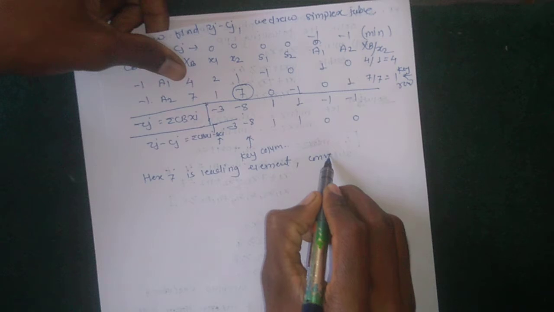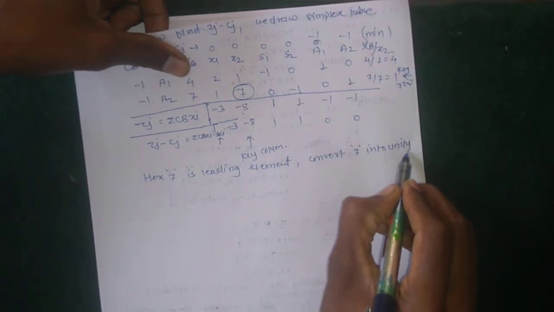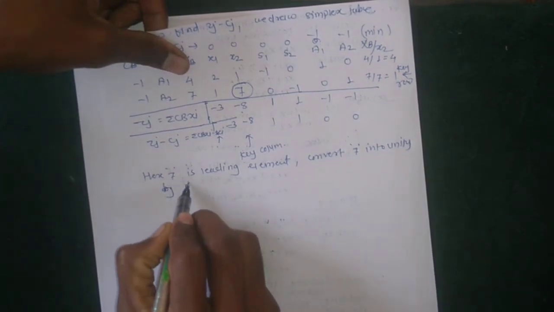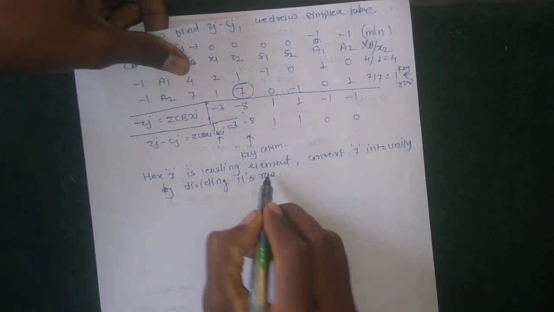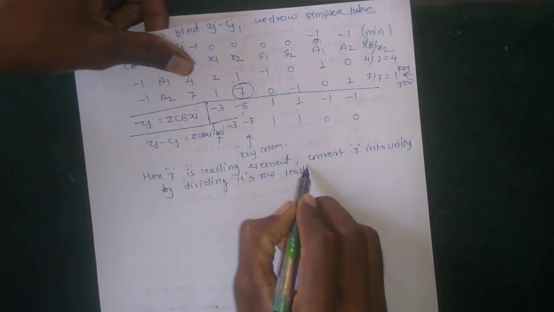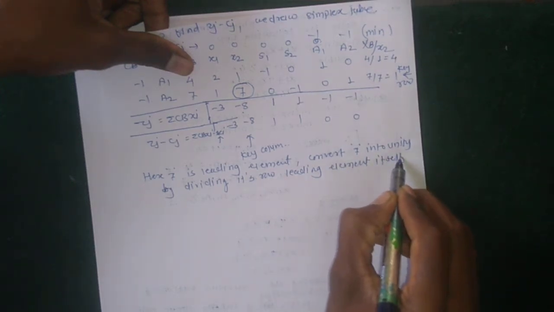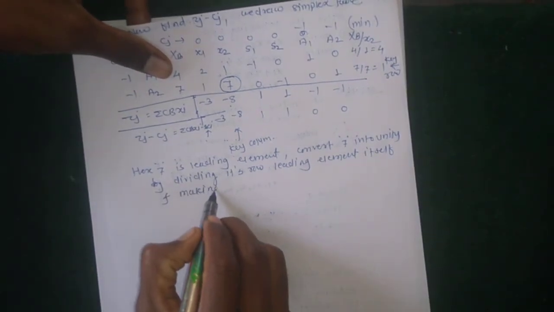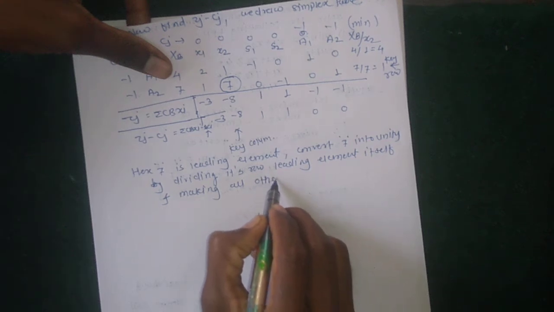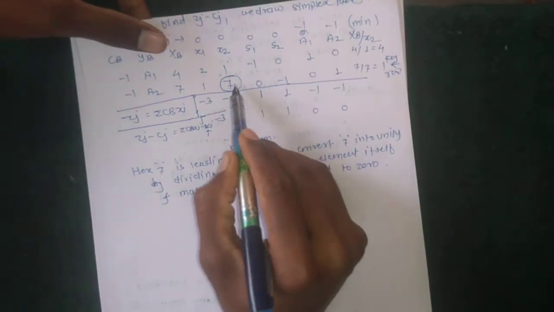Then convert 7 into unity by dividing its row by the leading element itself, and making all other elements in the column 0 by using this row.